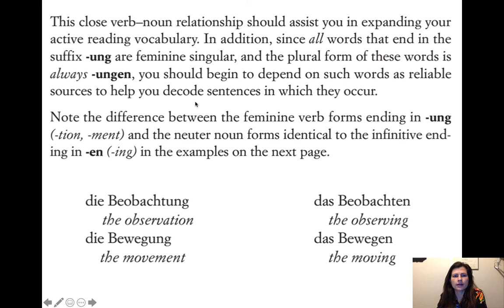And then, whenever you have -ung, you know what the plural is going to be, because that suffix always takes the -en plural. So when you notice these patterns, it helps you to know plurals and things, right? And then you have this slight difference in meaning, because we said when you make a noun out of a verb, it's neuter, right?